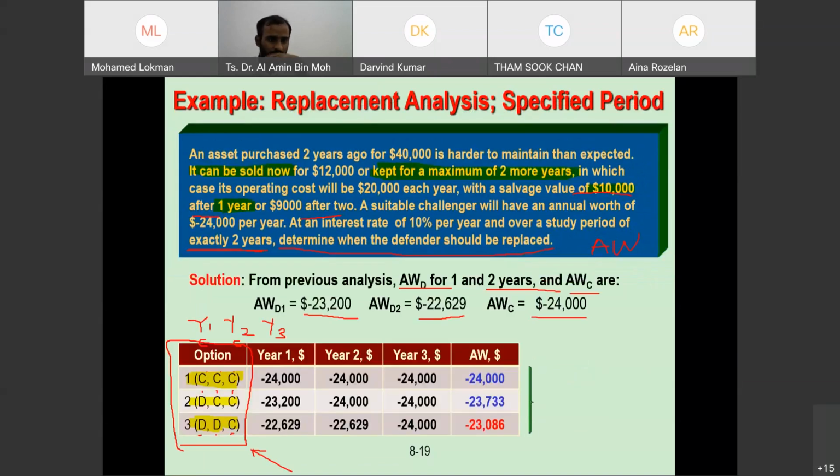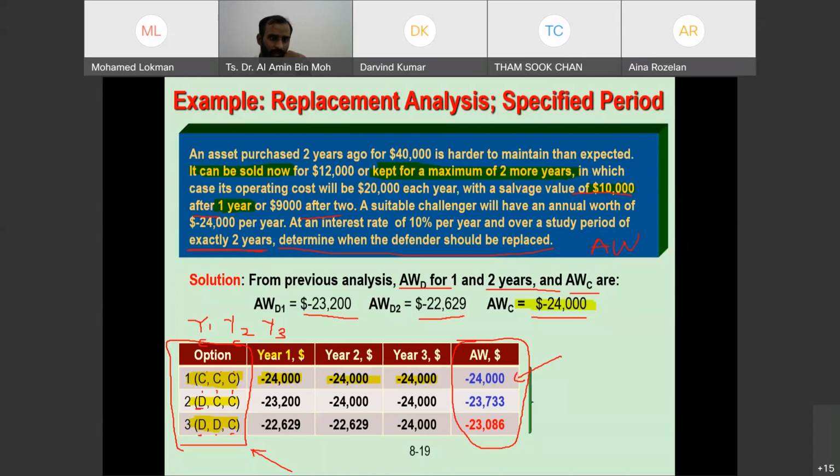Okay, so year 1, C, challenger. This is the AW, right? So 24,000 for all, because all are challenger, and we get the average. So we got 24,000. How about the second option?